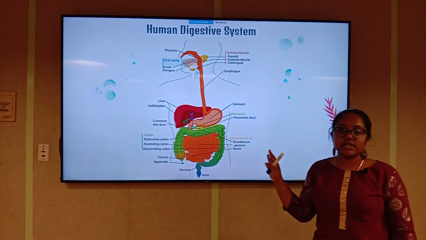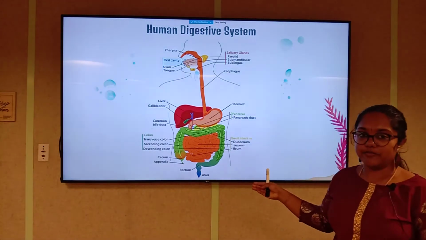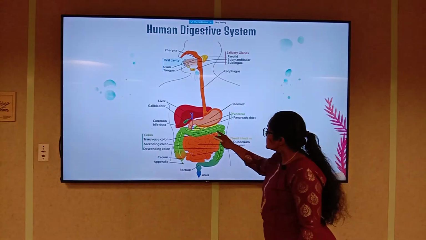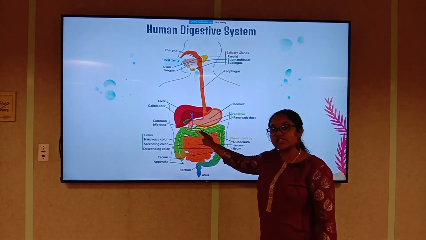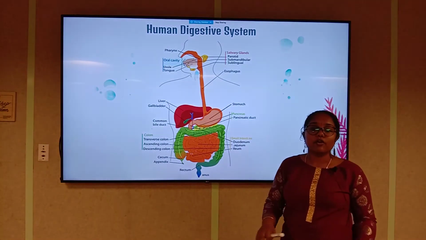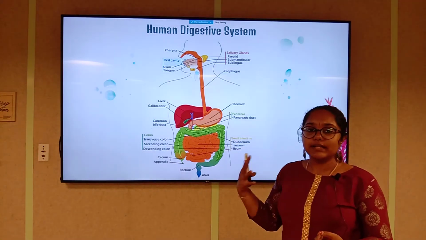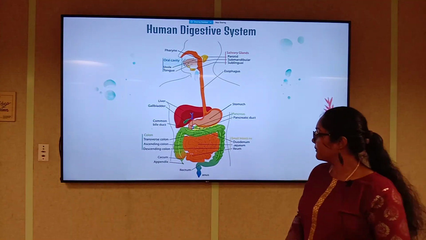Now I am not mentioning any enzymes here clearly because in the coming slides you have detailed information about it. So whichever enzymes from the pancreas are released into the small intestine will perform the complete digestion of the chyme and will get the end products of the digestion.